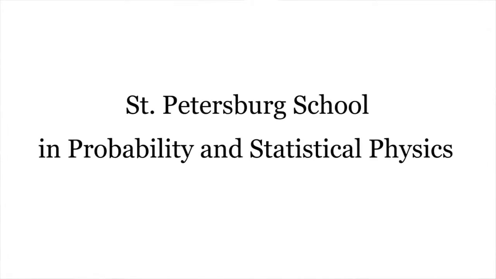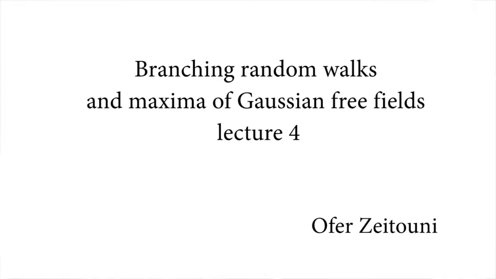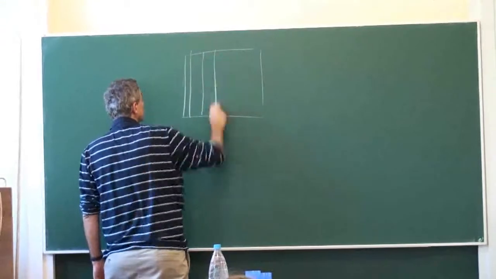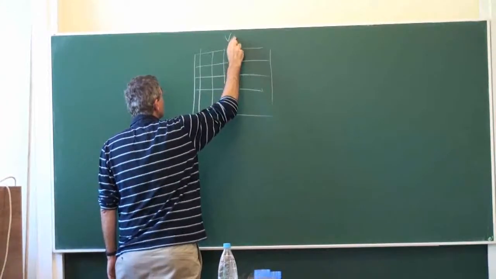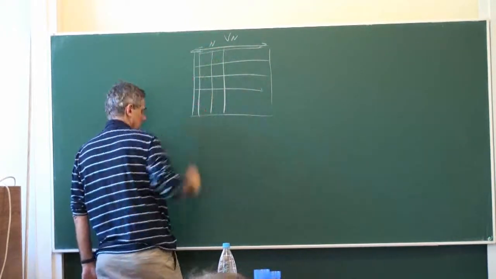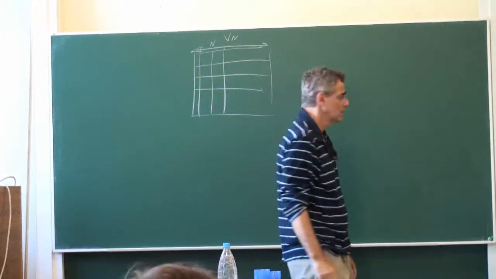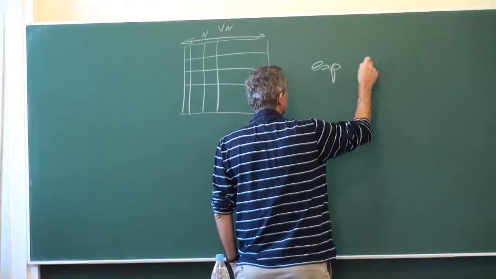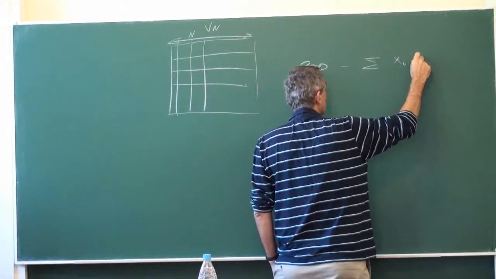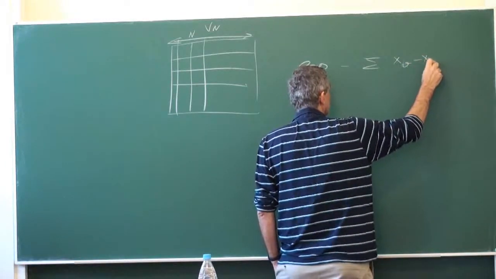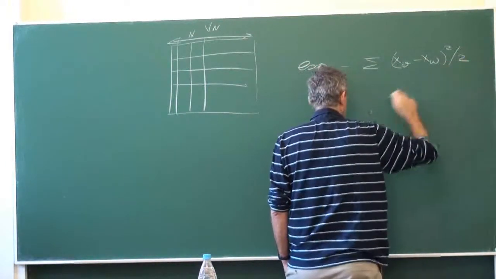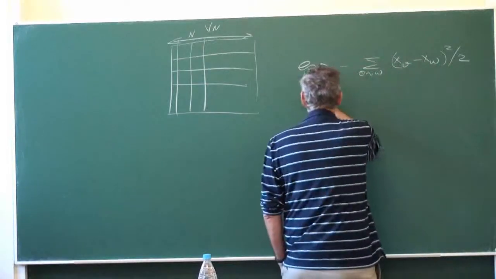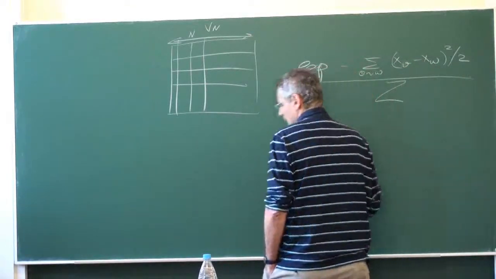What we did last time was introduce a Gaussian free field. I remind you that the Gaussian free field on a lattice box was a Gaussian field such that you could write the density as a sum over all edge variables, which is the same.